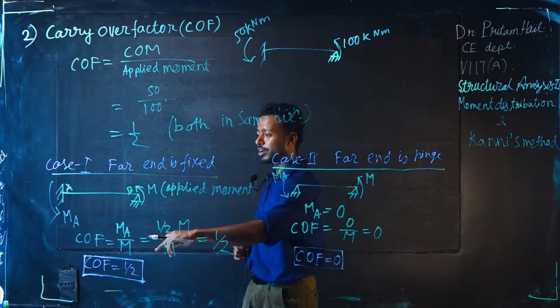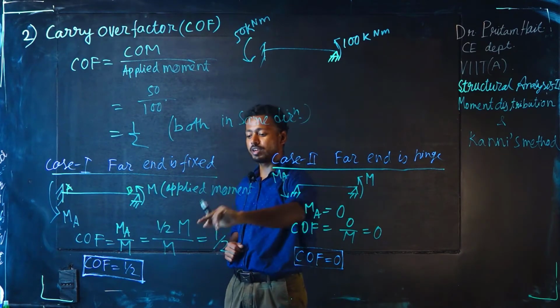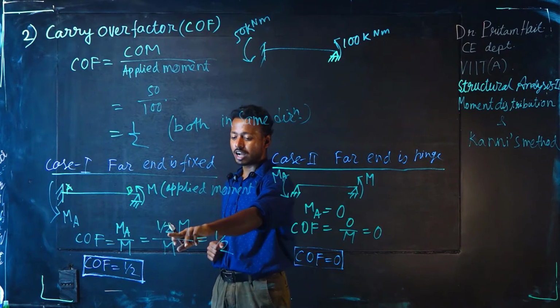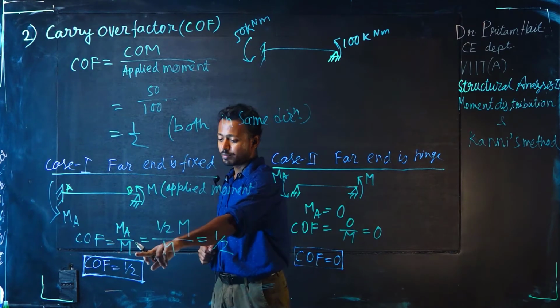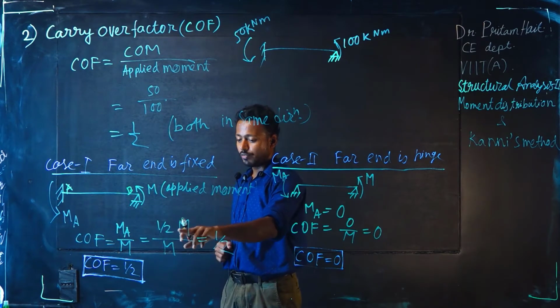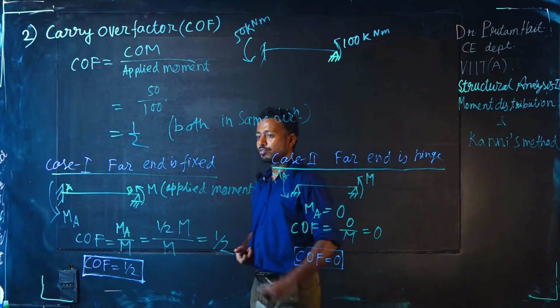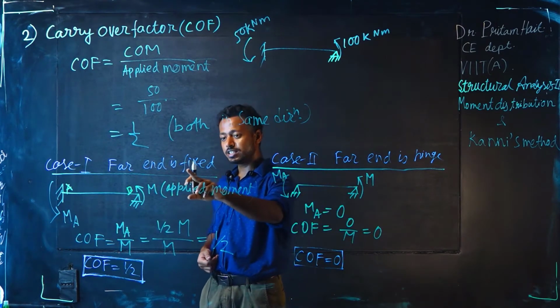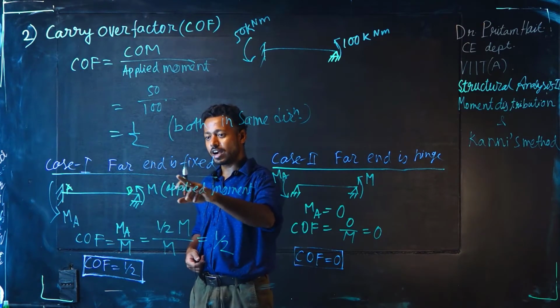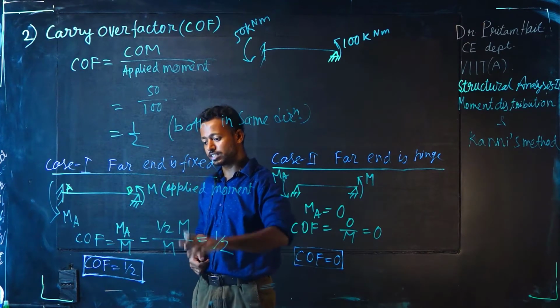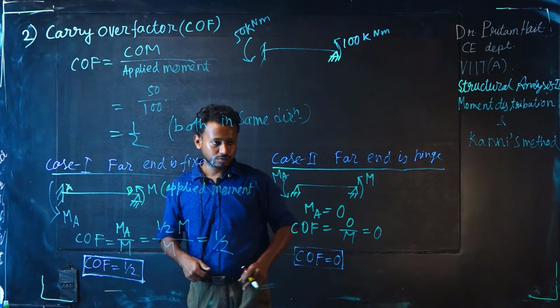What is the carryover moment for fixed support? The carryover moment is half of M, that is half of the applied moment, and the applied moment is M. So half of M divided by M equals half. In case of far end fixed, the carryover factor will be half.